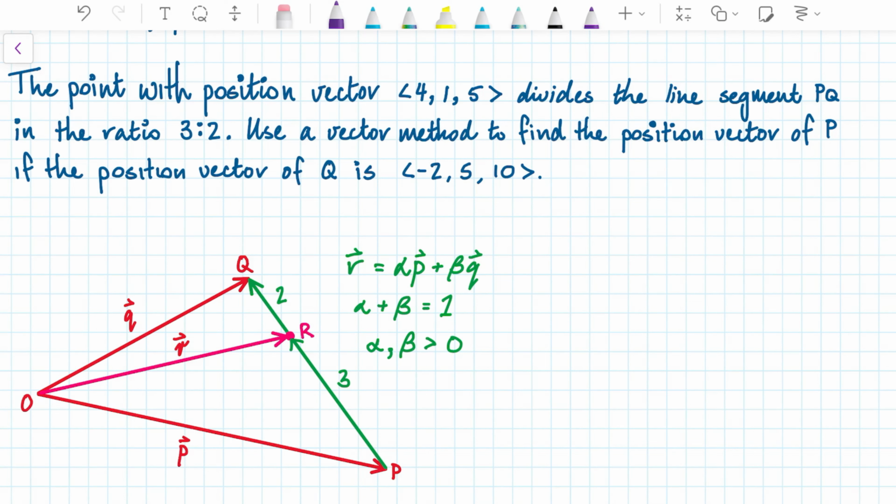So for the ratio 3:2, the point is closer to Q, so Q is going to get the larger weight. The total parts across PQ is equal to 5.